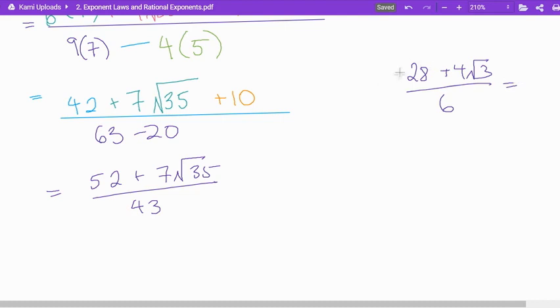Yes, I could take out the common factor of 4, 7 plus root 3, and then say, oh, these divide by 2. So I would get 2 times 7 plus root 3 over 3, something like that. So do see if you can reduce fractions.